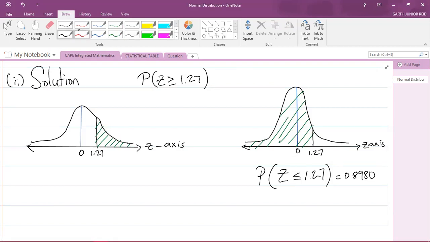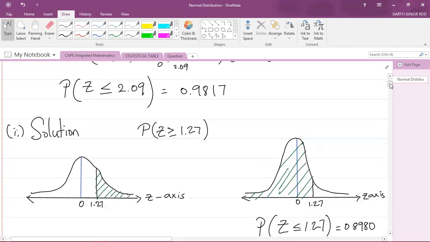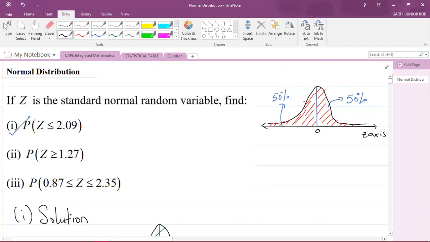Well, if you recall earlier, I had stated that to the left of 0, the area under the curve is 0.5 or 50%, and to the right of 0, the area under the curve is 0.5 or 50%. So it means that the total area under the curve is 50% plus 50%, which is 100%.